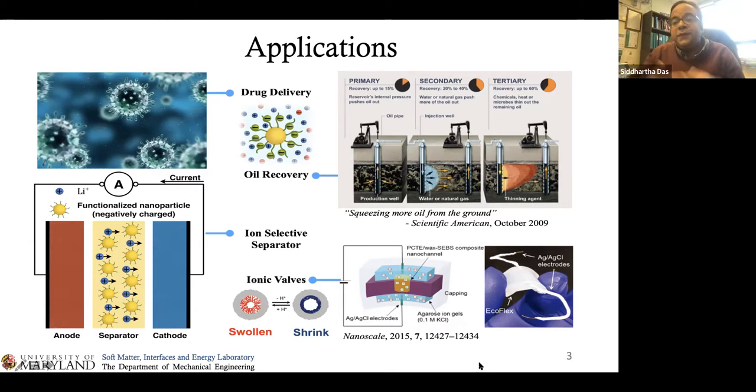And these brushes respond to the surrounding stimuli like the salt concentration and the pH of the solution that is moving through the nanopore. And accordingly, utilizing those responses, people can devise a large number of applications like nanosensing, sensing of small molecules, fabricating nanofluidic diodes, and many more.